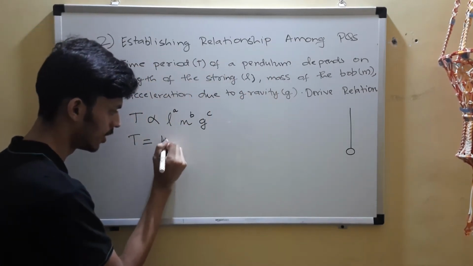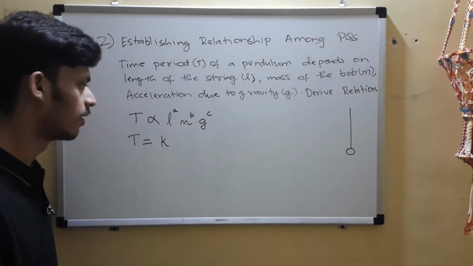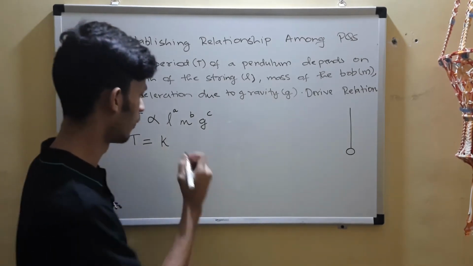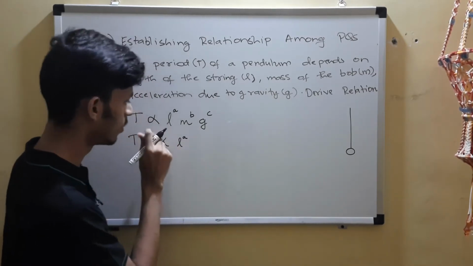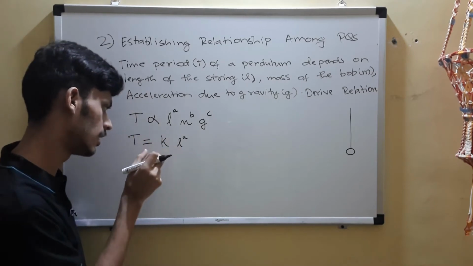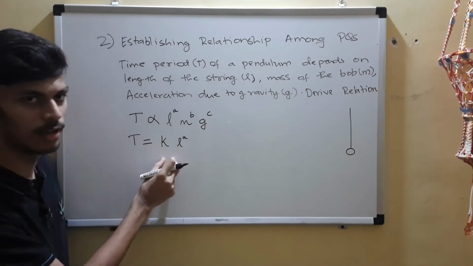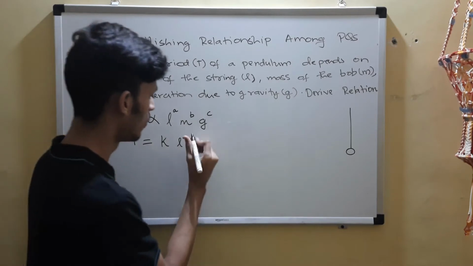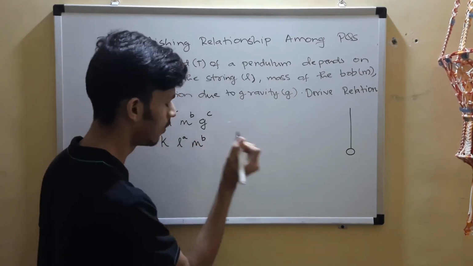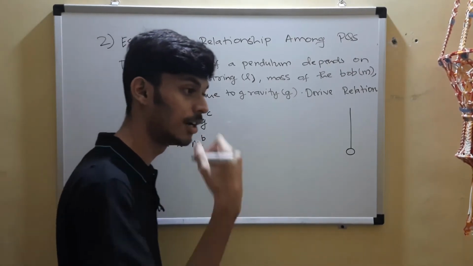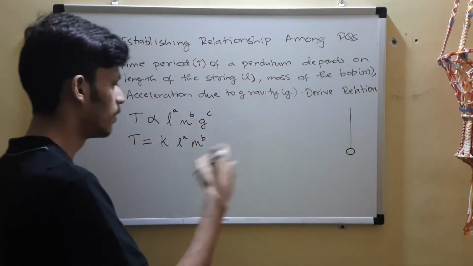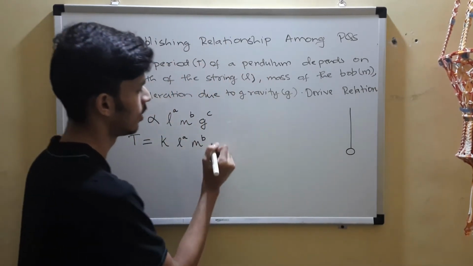Let's say that constant is K. Remember from now that whenever you change the proportionality sign to an equality sign, you have to multiply by a constant.